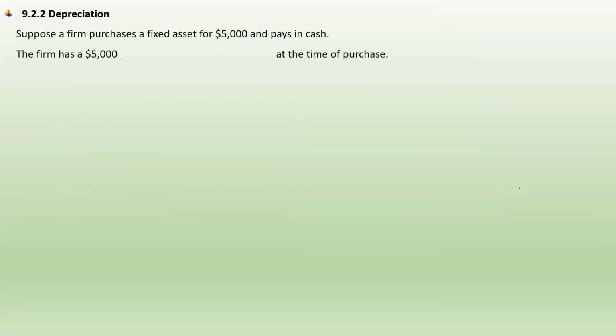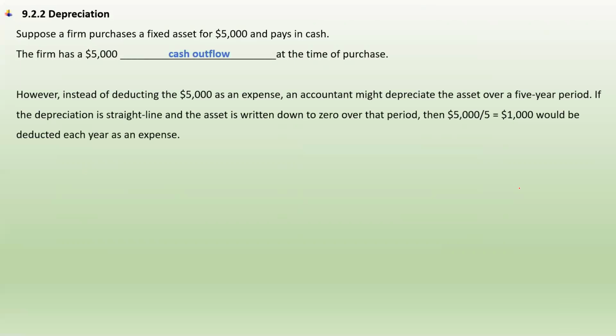Last, I would like to emphasize depreciation. Suppose a firm purchases a fixed asset of $5,000 and pays in cash. This $5,000 is a cash outflow at the time of purchase. Instead of deducting this $5,000 as an expense, an accountant may depreciate the asset over a 5-year period, because this fixed asset, probably equipment, can be used for 5 years.